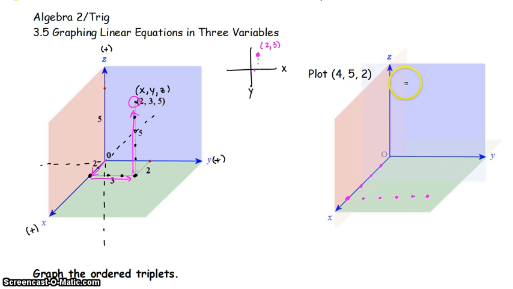So z is going up and down. We're going to go up 1, 2. So this would be the final location of our point 4, 5, 2. To get there, we had to do our x, and then our y, and then up 2. So this is going to be in a 3-dimensional space.